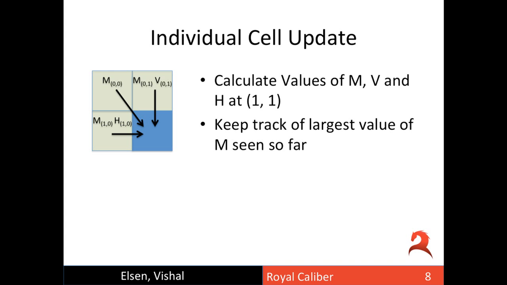That's easy to remember: H is horizontal, to the left, and V is vertical, it comes from the top. Our idea is to go through the whole matrix, update each cell, and keep track of the largest value of M that we've seen so far, and that's the score for the problem.